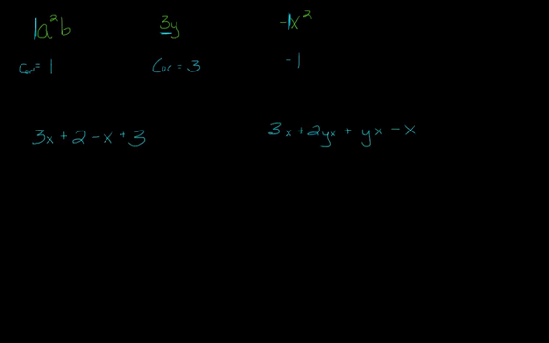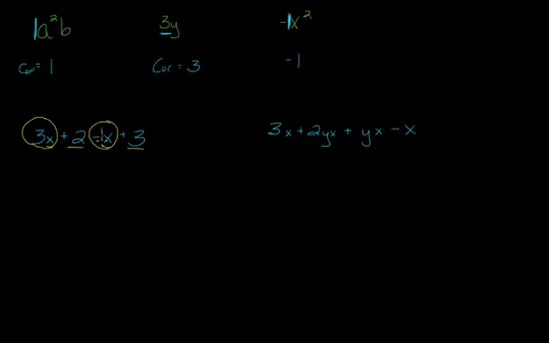Okay, I'm going to do a lot of these examples because I know this is going to be tough. Now what I like to do when we're adding, when we're putting things together, we can only put x's with other x's. We can only put non-variable numbers together with non-variable numbers. So we can only put this 3x with this -1x.